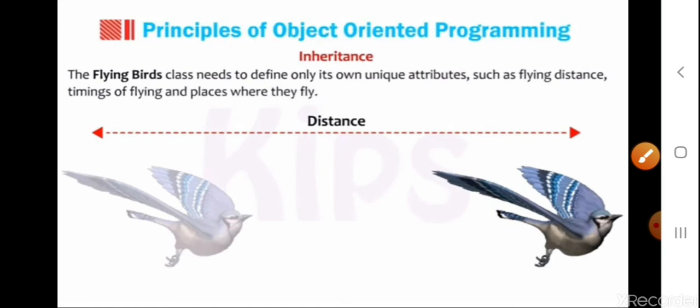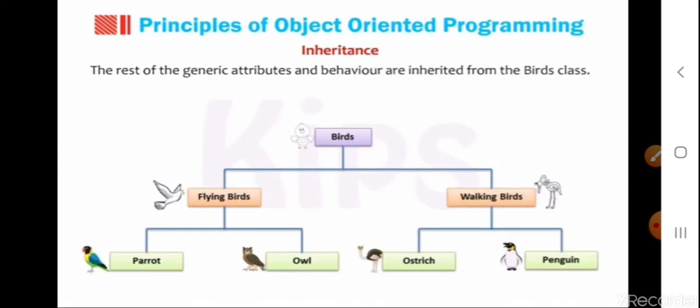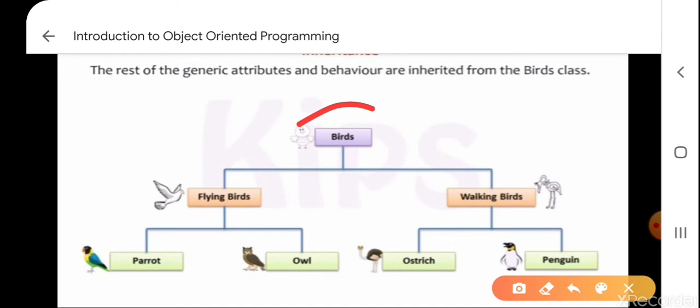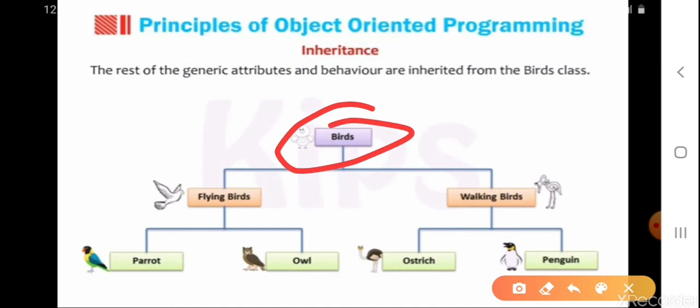Now, the flying bird class needs to define only its own unique attributes such as flying distance, timing of flying, and places where they fly. The rest of the generic attributes and behavior are inherited from the birds class, because some attributes are going to be shared by both classes.